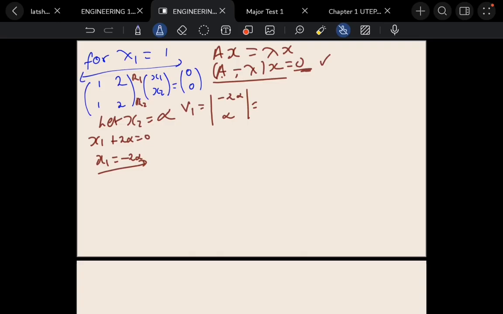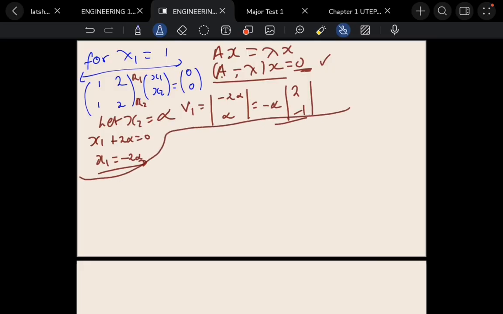We cannot have an eigenvalue which is negative on top. So I'm going to have negative alpha times 2, minus 1. So that is an eigenvector for lambda 1.